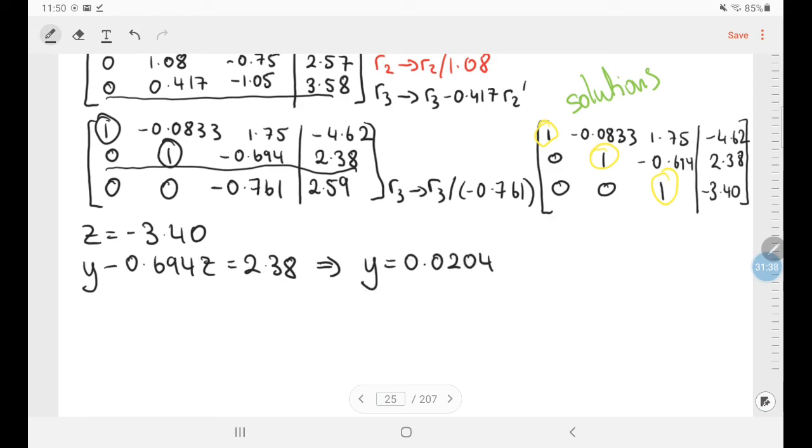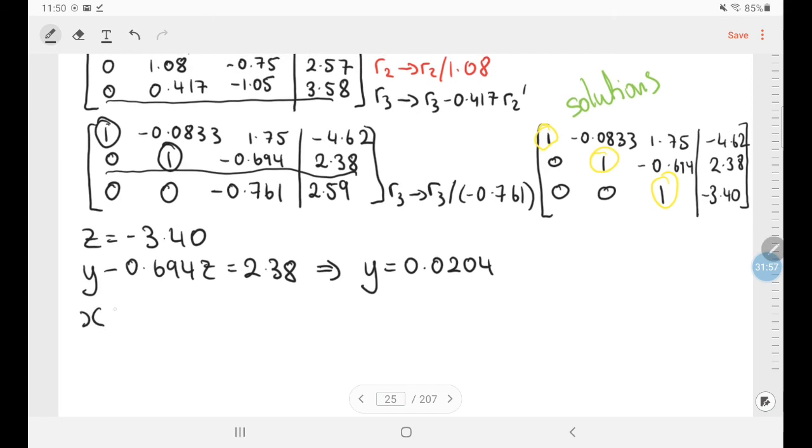Now you might be wondering why I am doing the approximations? Well, obviously in a context where you're rounding, all these things are only approximately equal, and it's all implied equal to 0.0204 to three significant figures. And then the first row reads x minus 0.0833 times y plus 1.75 times z is equal to minus 4.62.